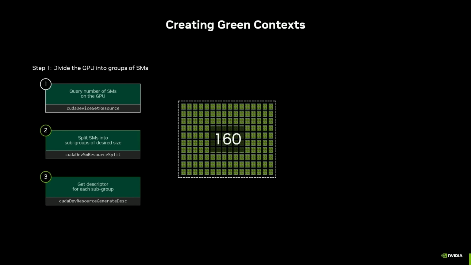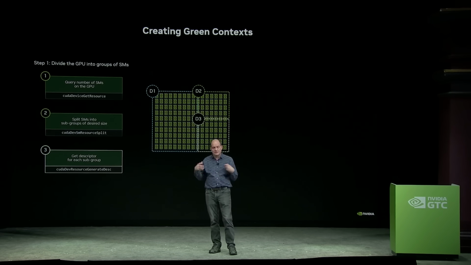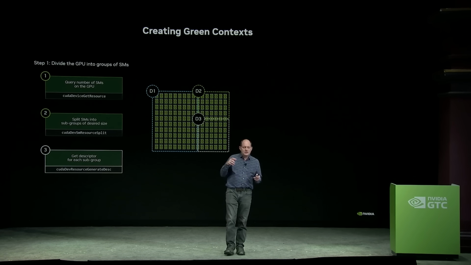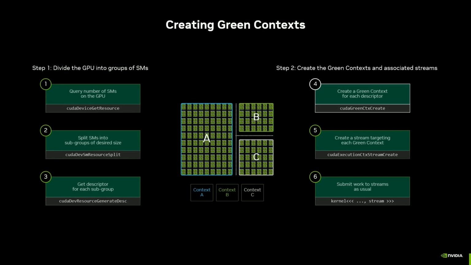So to create a green context is pretty straightforward, even though I have a number of steps here. You find out how many GPUs are on the machine, 160 in this case. You decide how you're going to partition them, and then you create a set of descriptors for these different partitions so that I can then use these descriptors to assign these green contexts to them. I've got these descriptors here so that you can do nesting of contexts and other such things like that.